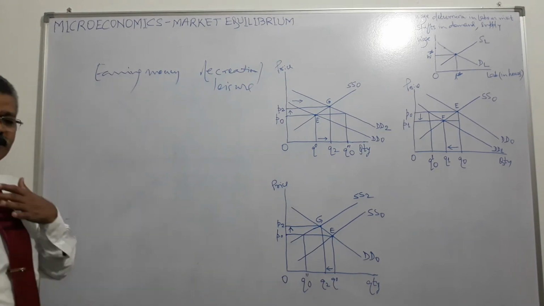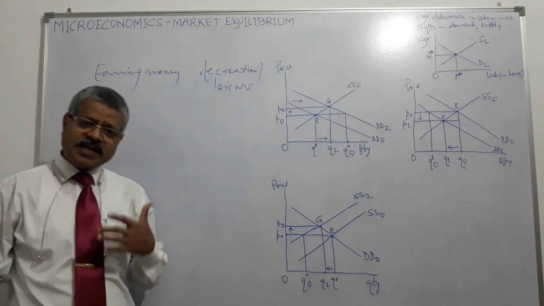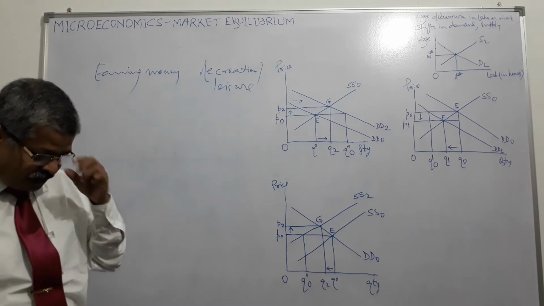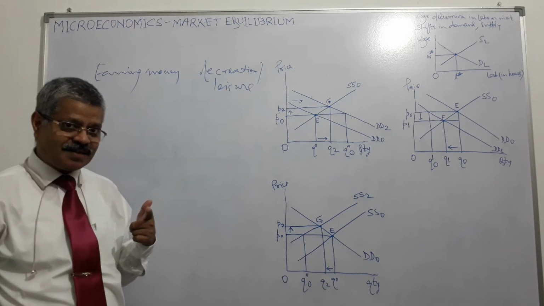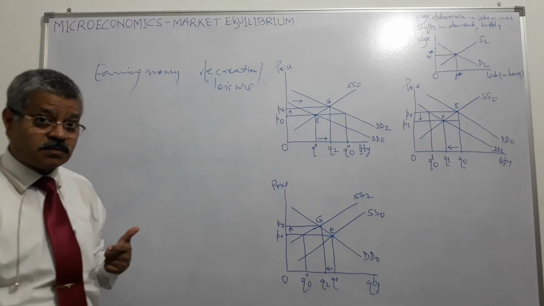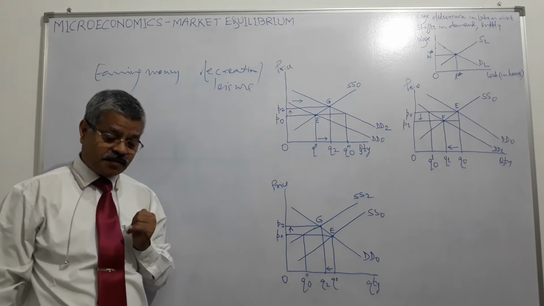Suppose I am at a very low wage rate. I work for very low wages. Then what happens? When the wage rate increases, I am willing to work more number of hours, right? Because I am at a very low wage rate.